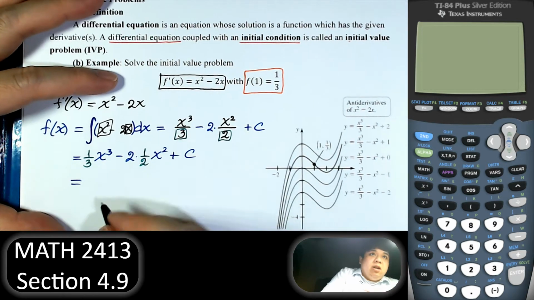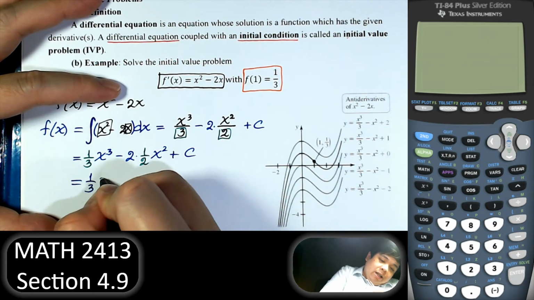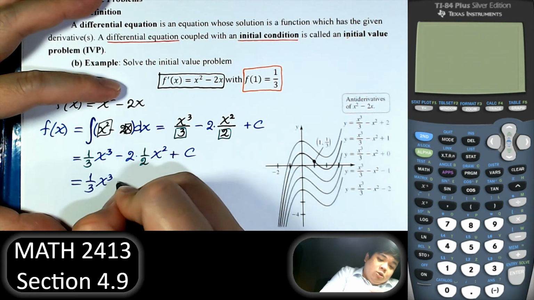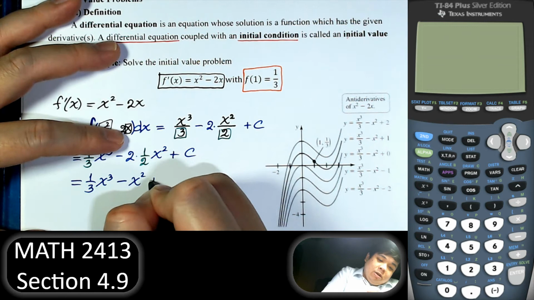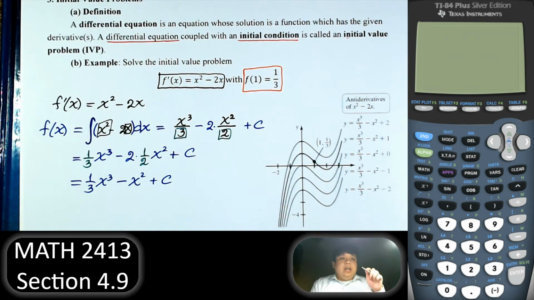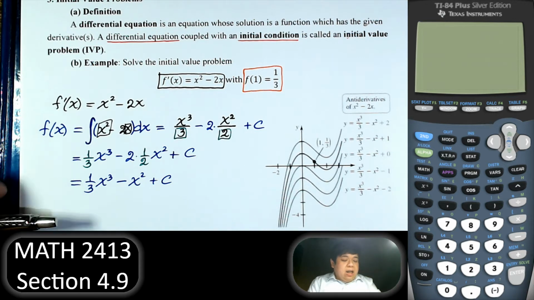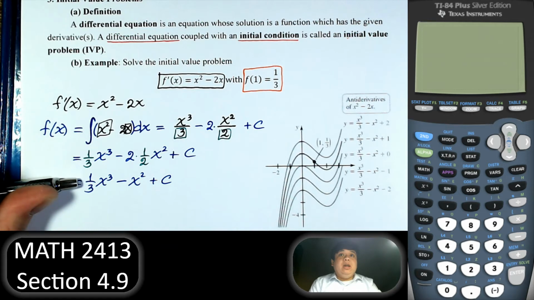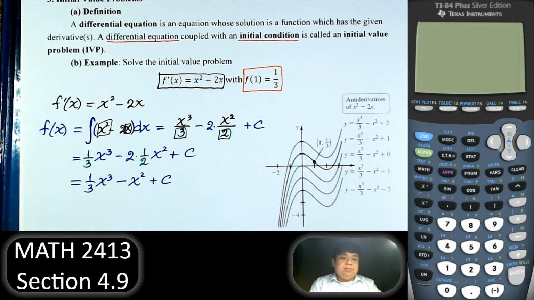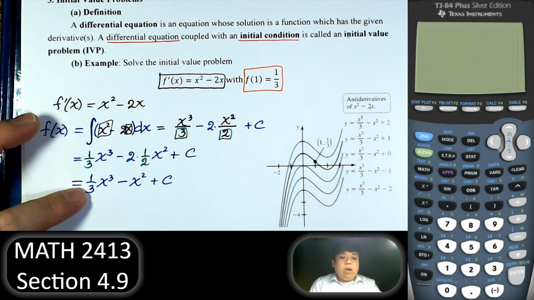So that gives us 1/3 x cubed, and the 2 times 1/2 cancel out. That's 1 minus x squared plus c. Right. So this is the antiderivative. The indefinite integral of the function, meaning this is the family of all the antiderivatives.